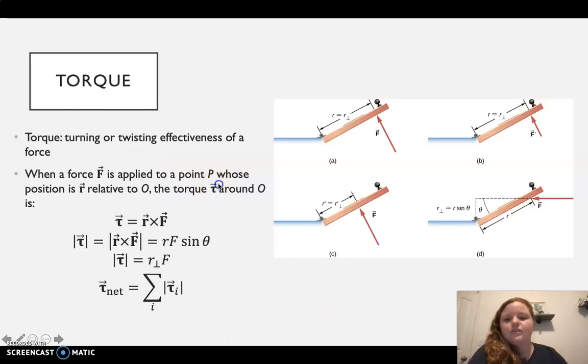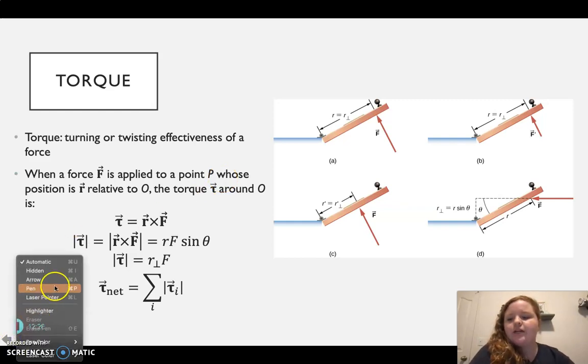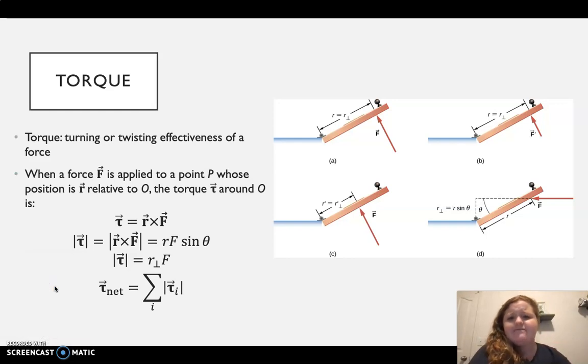All right, so now we are going to talk about torque, and that is the turning or twisting effectiveness of a force.